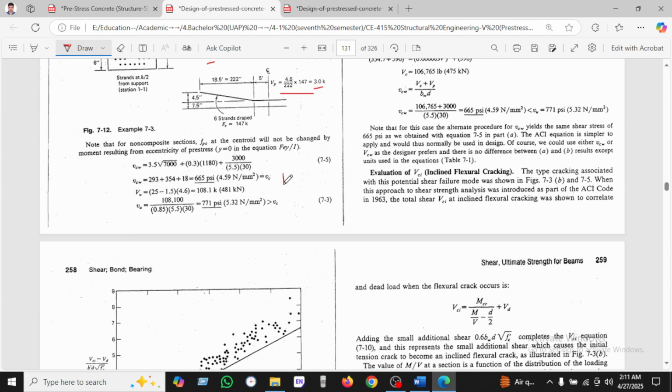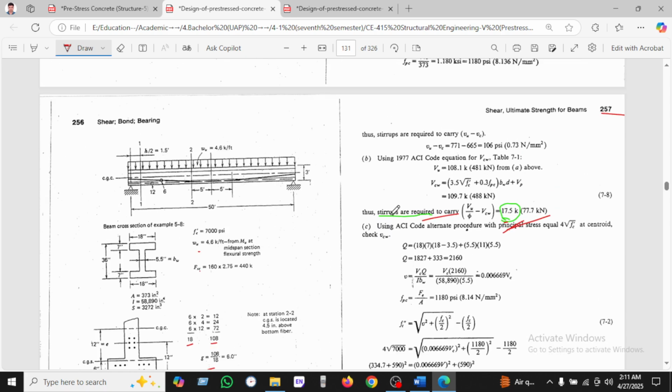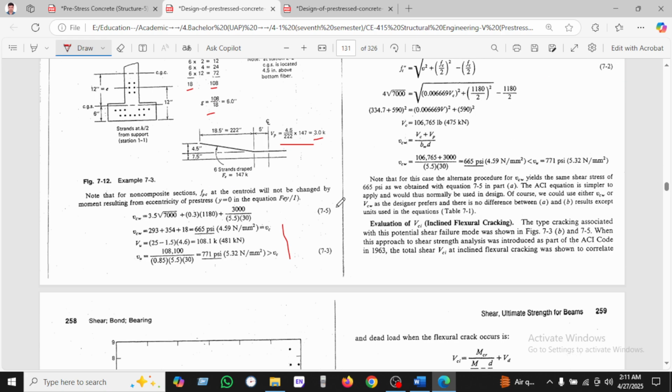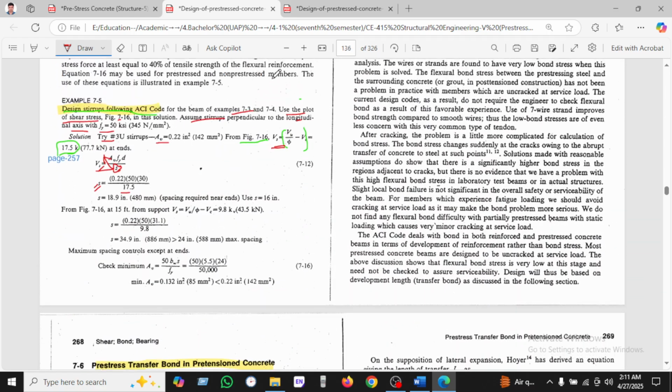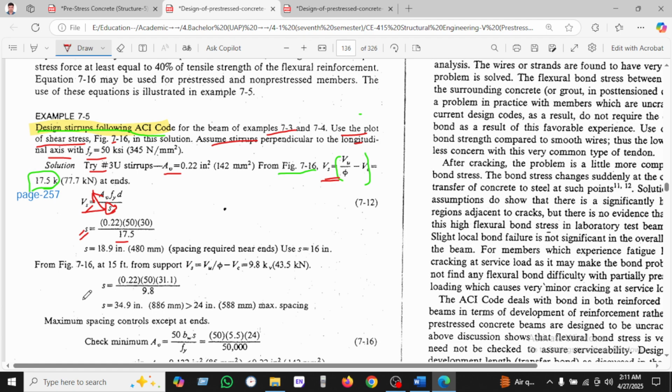After getting this value, we just calculate here the required Vu divided by phi, here found 17.5. Okay, we're taking this value for calculating here, and finding the ultimate spacing is 18.9.